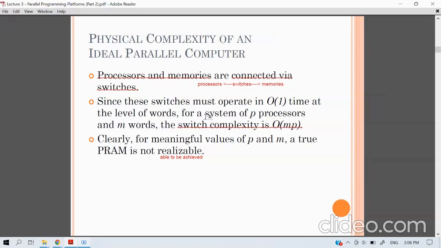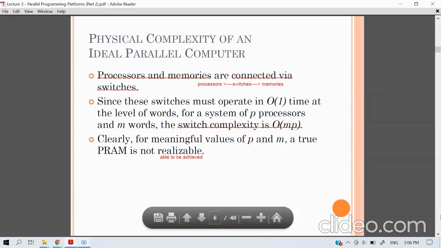So clearly, for meaningful values of p and m, a true PRAM is not realizable. So we cannot really know the exact numbers for a PRAM. This is just an estimation of the switch complexity that we can use to construct the parallel computer.